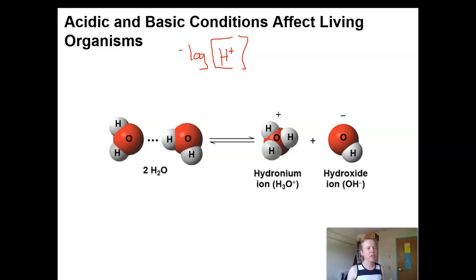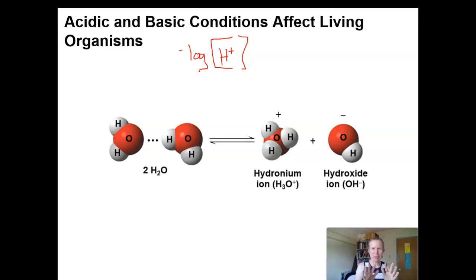Now negative and log. The negative is going to tell you that you're dealing with an inverse relationship, okay? Lower pH numbers have more hydrogen. That's the negative, it's inverse. Higher pH numbers have less hydrogen. And then log tells you that we're dealing with a logarithmic scale.